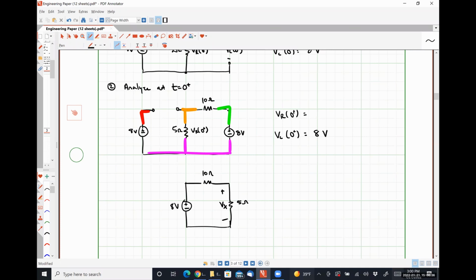So let's use the suggestion of Ohm's law to figure out what that is, right? So we're going to have 8 volts divided by 5 ohms plus 10 ohms. That's the current multiplied by 5 ohms.